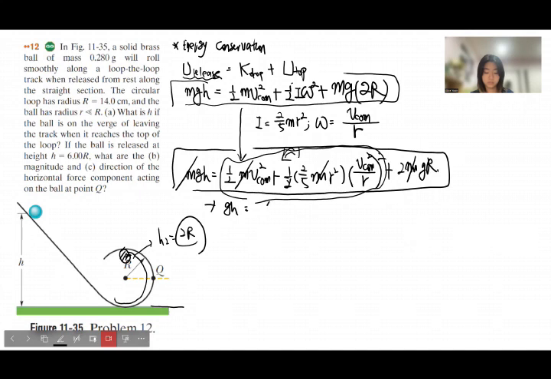So that should be 7 over 10 times the translational velocity of the center of mass of the sphere squared, plus 2 g R. Okay, so that is the standard formula to describe the energy conservation in this kind of system.